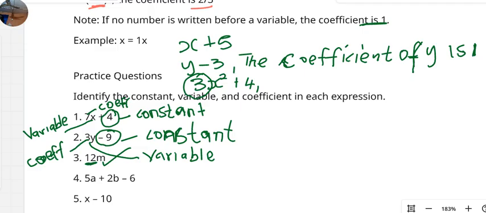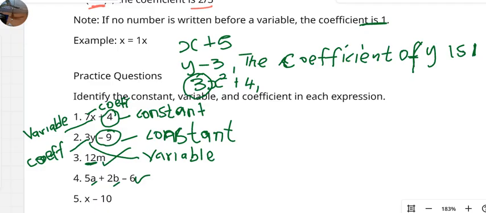But -6 is alone, so this is the constant. Then what are the variables here? I told you before, you can have more than one variable. A is a variable, and B is also a variable.